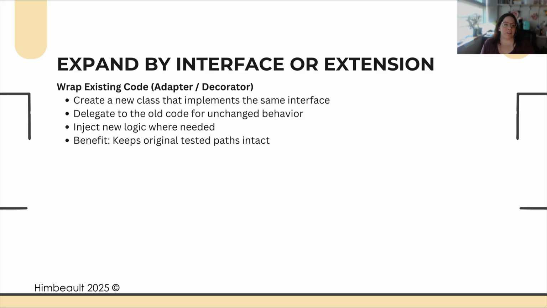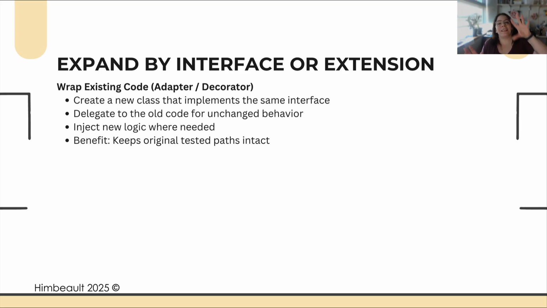So we want to do our best to wrap existing code in some kind of an adapter or a decorator, and then we can create a new class that will implement that same interface, right? So we have our new class, that is our wrapper, that's our adapter, and we can do a composition style design pattern where the old code is wrapped up in this, and we delegate all of the old code stuff back through the old code so that we don't actually end up changing any of that behavior.